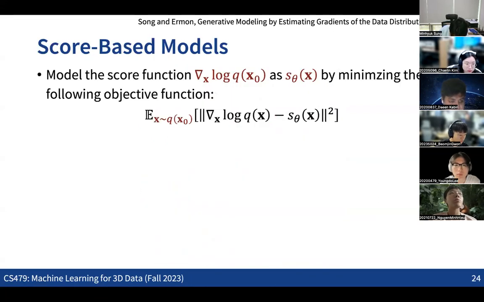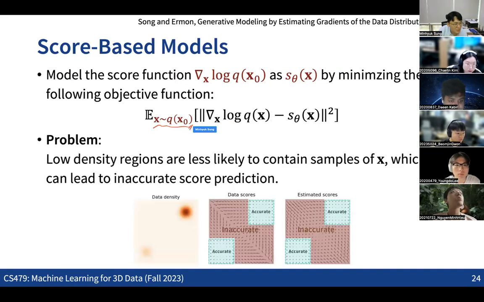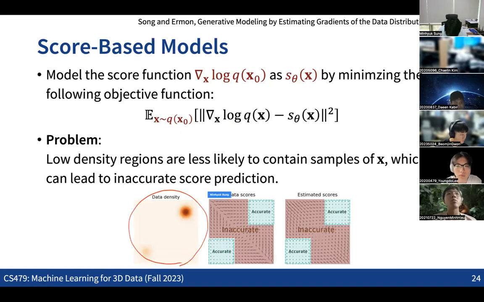Now we are sampling from the data distribution, which means that, let's say this is some data distribution that we want to match using the Langevin dynamics. We sample X based on the data distribution, and then we're going to have lots of samples near here, and also here, right?